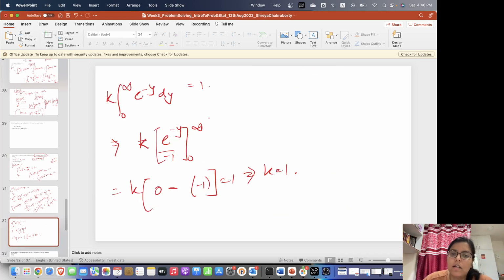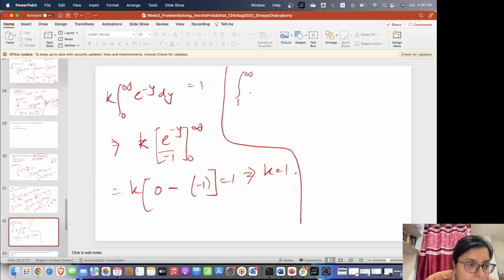Let's say we had the integration from 1 to infinity of k x square e to the power minus x plus 1. This is what we had, no?